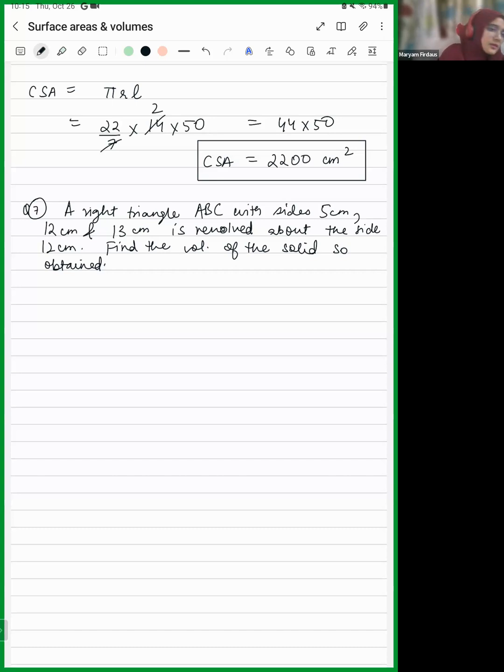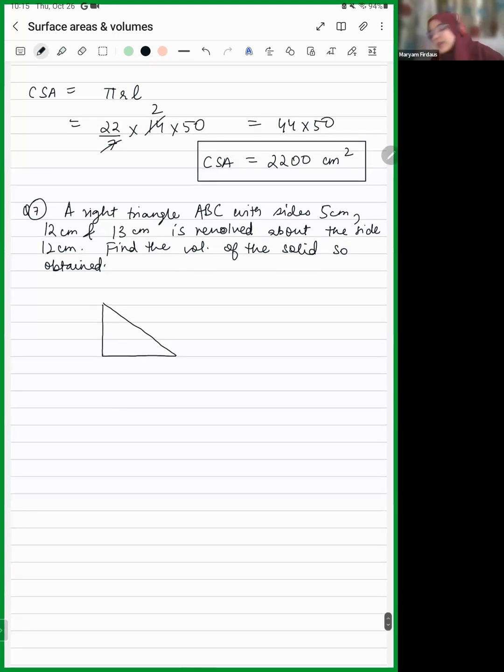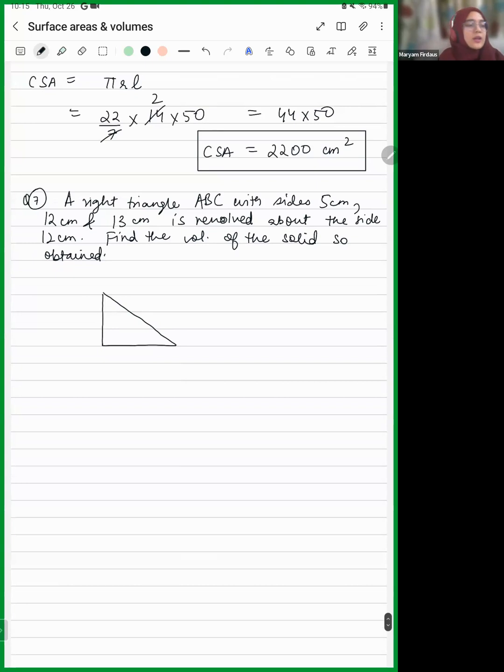Ma'am, it's just a triangle, right? Yes, first of all, it's a triangle. Now when it revolves around it, it becomes a cone. Very good. It becomes a cone. So, Preshita, what do they mean by saying revolved around?